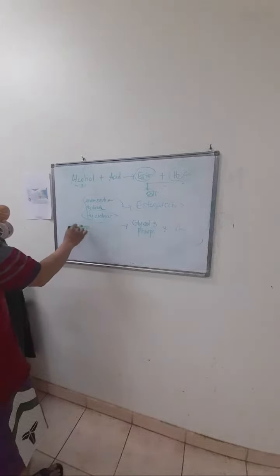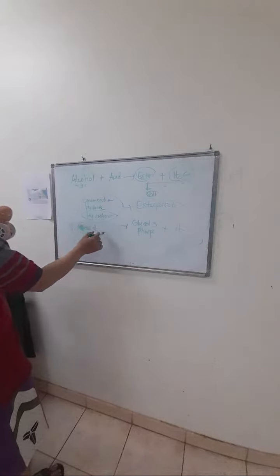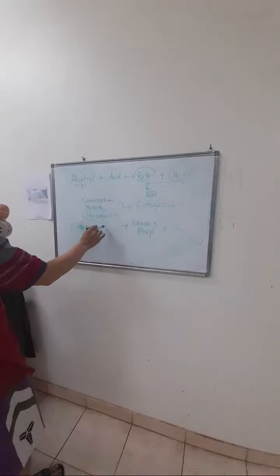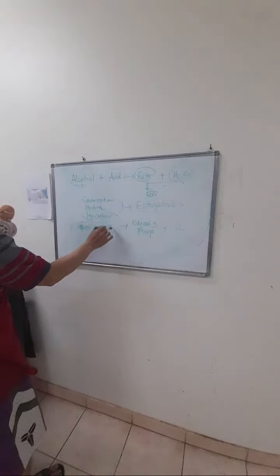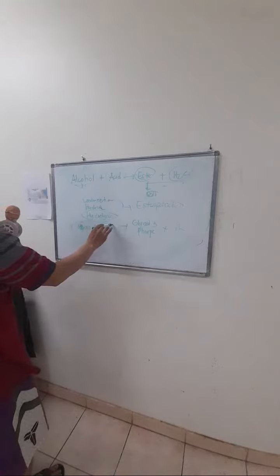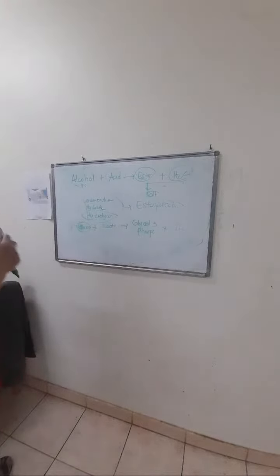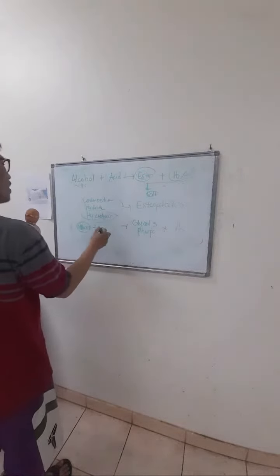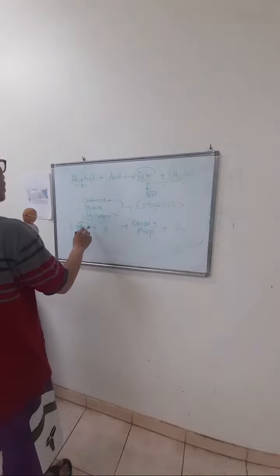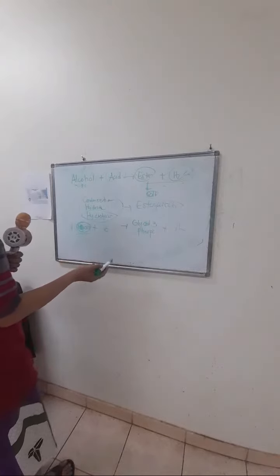Plus acid. The acid is general, COOH. Acid. Get the point. Your acid is carboxylic, general siya.